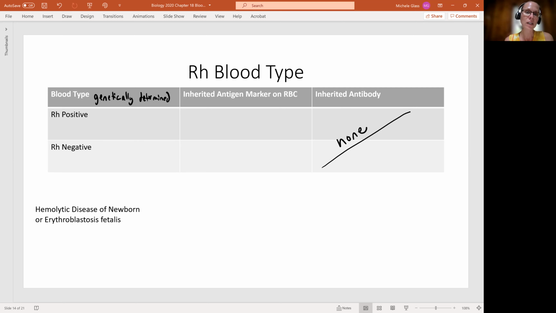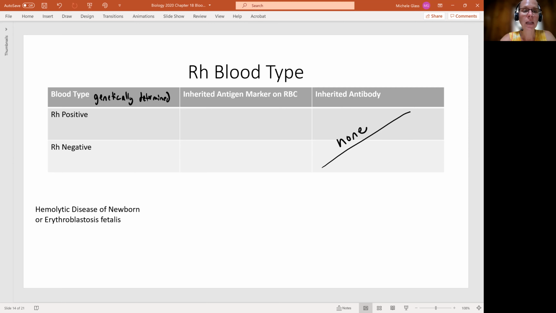I've already written in the word none for both RH positive and RH negative because there is no antibody that is inherited as part of this gene. When we talk about the RH factor being positive and negative, what we mean is you either have it or you don't.